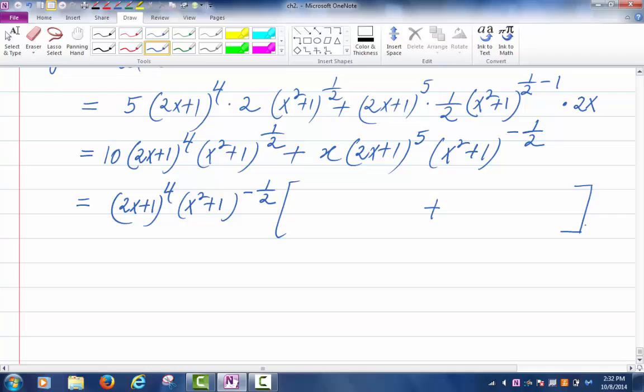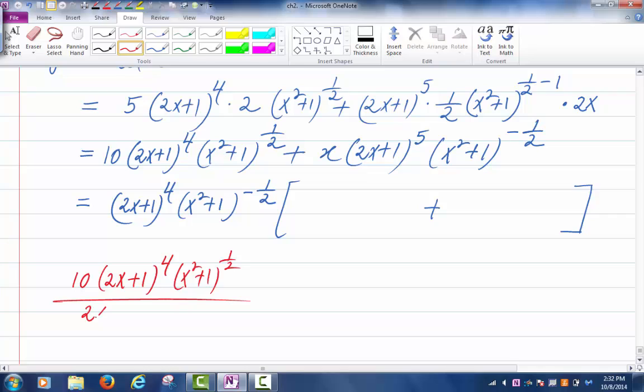Let me make sure that you get what I'm saying. If I divide the first term, (2x + 1)^4 (x^2 + 1)^(1/2), by the quantity that I'm factoring out, what do I get?